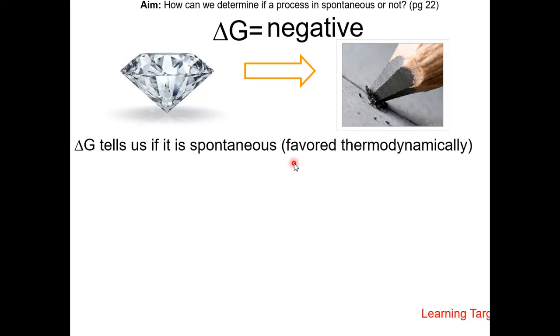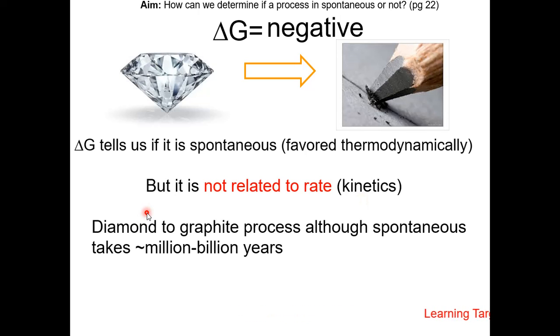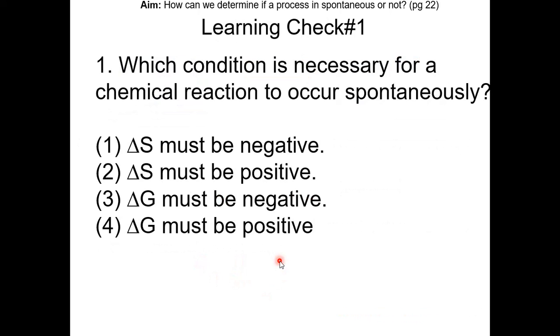So delta G would tell us if a process is favored thermodynamically, but it will not tell us how fast it would be because that is related to rate, which is kinetics. We will discuss kinetics in the following lesson. So the process to convert diamond to graphite, although spontaneous, takes millions to billions of years.